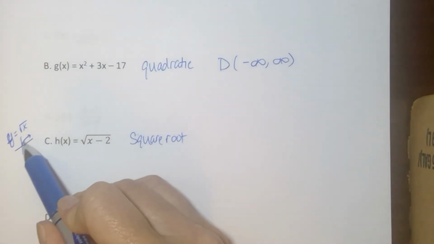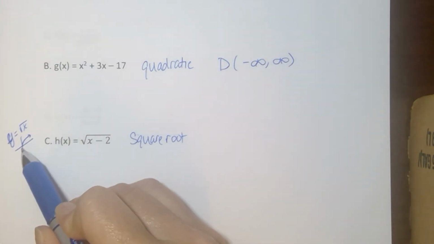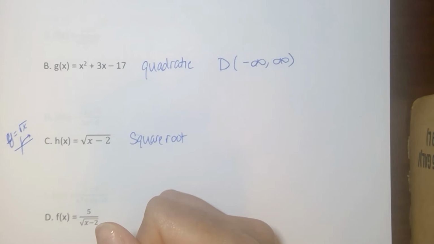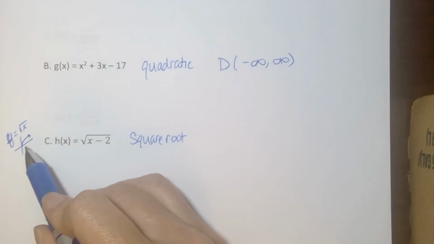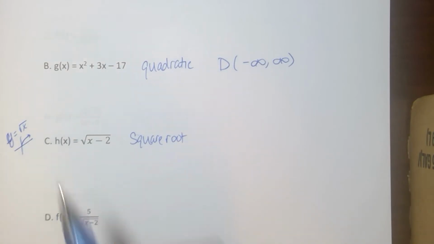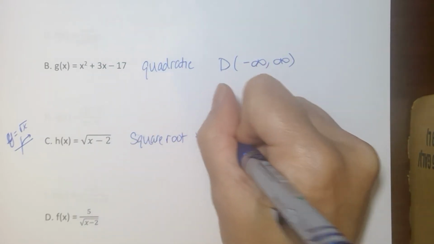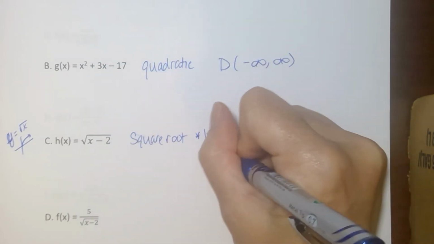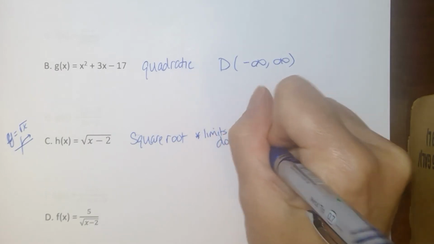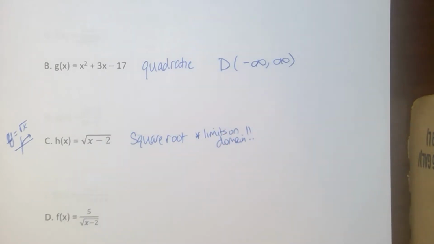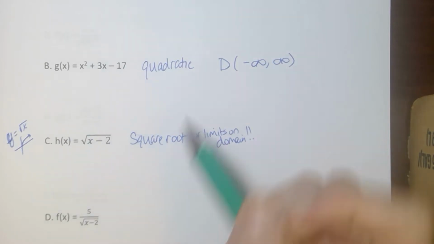It's that little half parabola right there. It has a limit on the domain as well as the range. The limit on the domain depends upon the transformations of the function. So when we have a square root function, we know we are going to have limits on our domain. The limit is going to depend upon what we have in that square root family of functions.